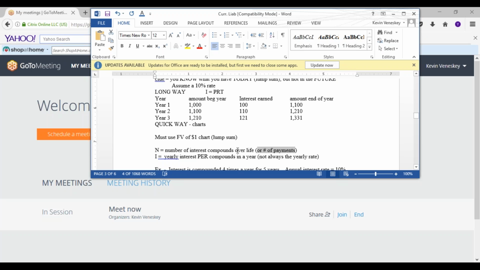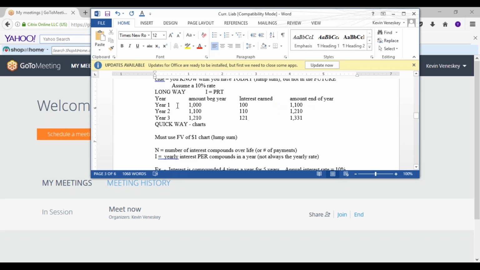But when I say number of interest compounds, what I mean is, with my example up here, it was very easy. My interest just compounded once a year. I calculated interest one time each year. And so my N would have only been 3. My 1st interest, and then my second interest, and then my third interest.